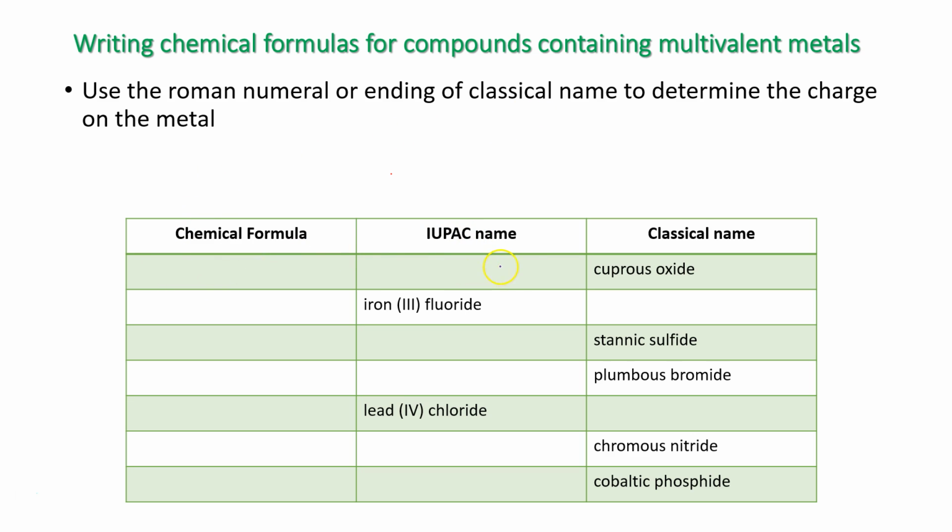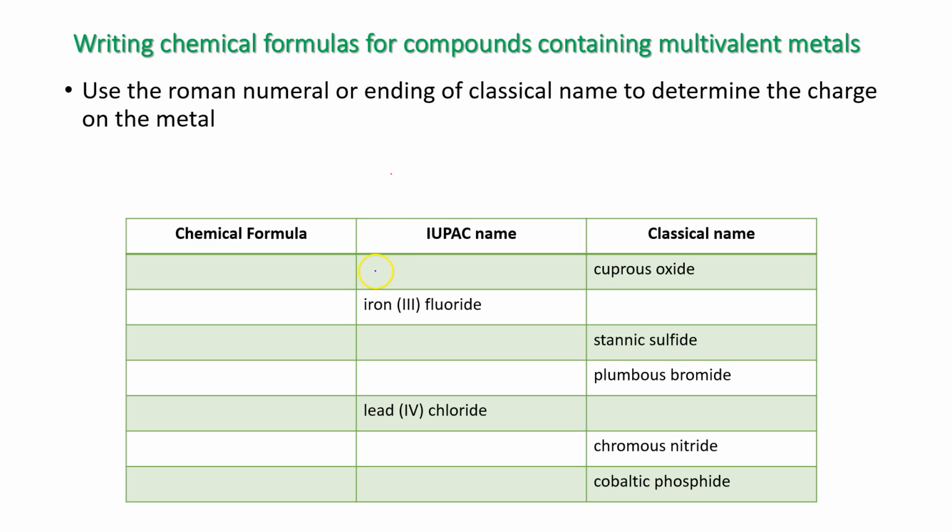So the first example we have here is cuprous oxide, and that's the classical name. There are two forms of copper, as we saw in the previous video: copper 1 and copper 2. Cuprous is copper 1 and cupric would be copper 2. So from this name we can tell that the copper will have a charge of +1.